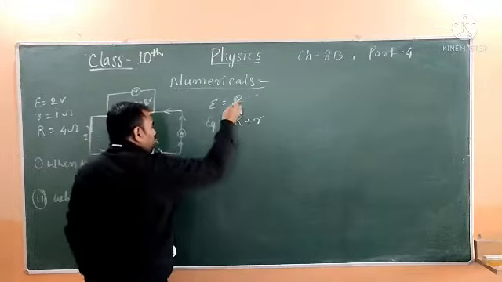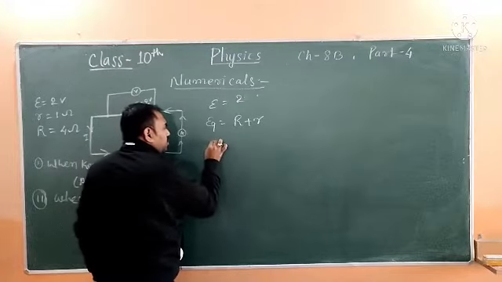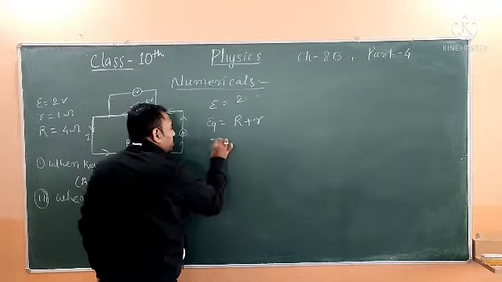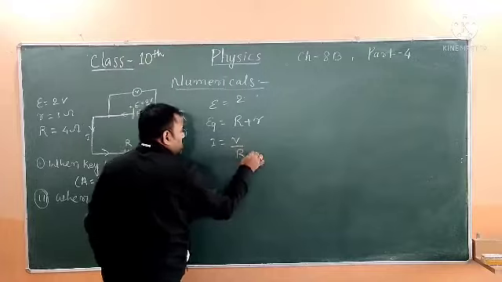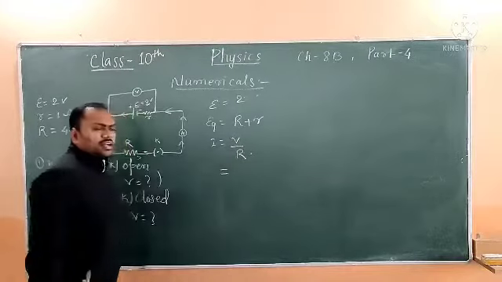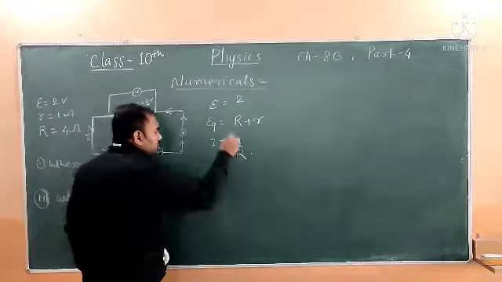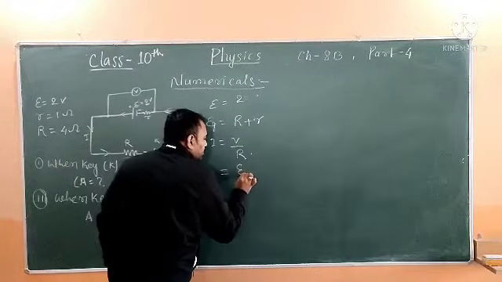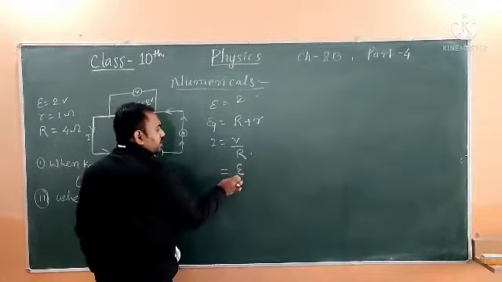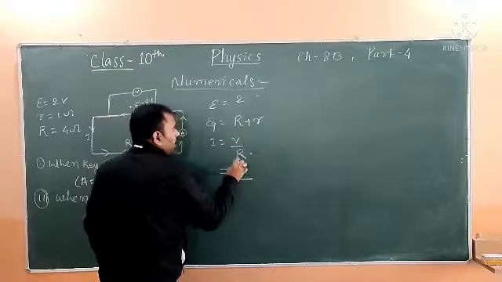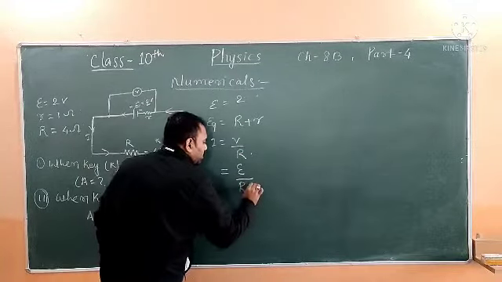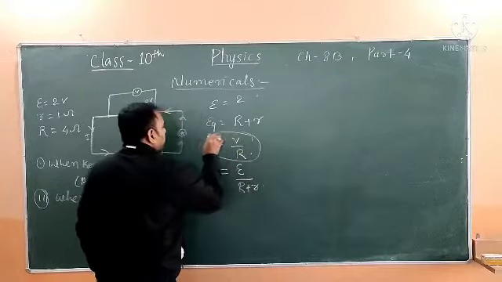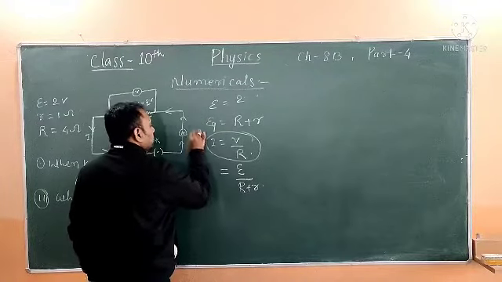As we know that V is equal to IR, so I is equal to V upon R. Here V is the EMF, and R is R plus r. This is the formula from Ohm's law.